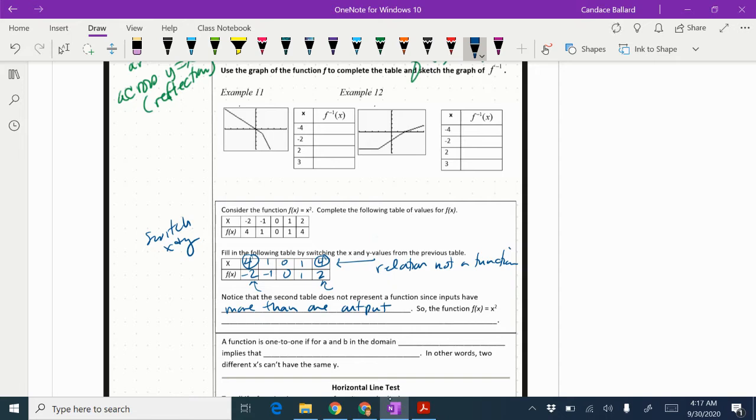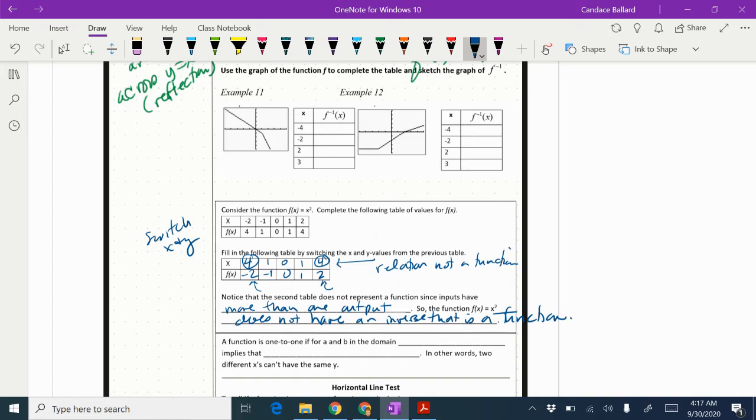So the function f of x equals x squared does not have an inverse that is a function. And that's okay.